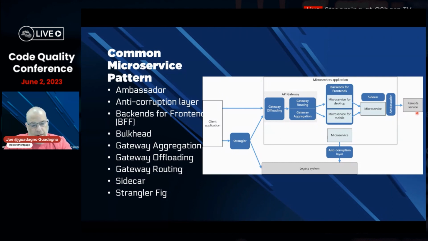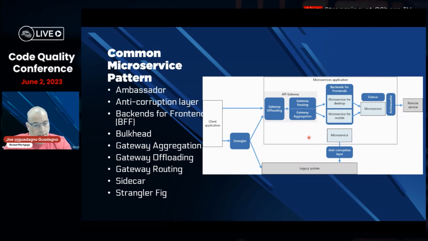Then one other pattern we haven't talked about is the anti-corruption layer, and no, that's not to help with politics or anything. The anti-corruption layer is basically a facade that goes between your legacy system and your new system and keeps them in sync, so that as you make changes here, you're not affecting here, and vice versa.